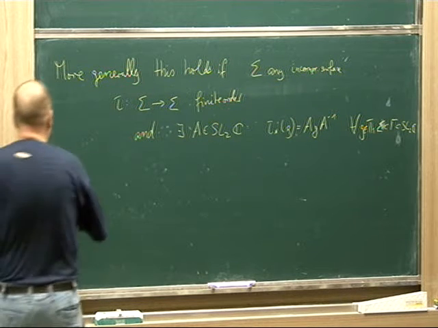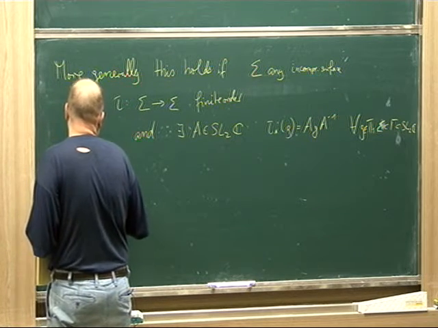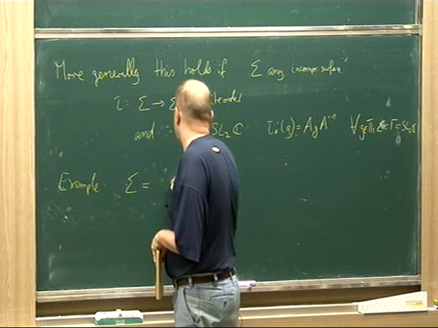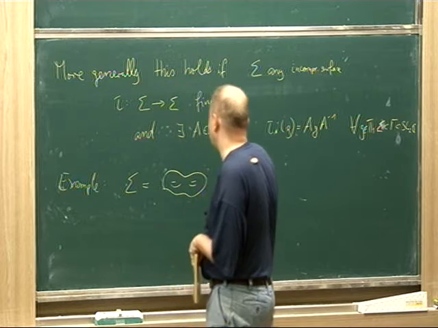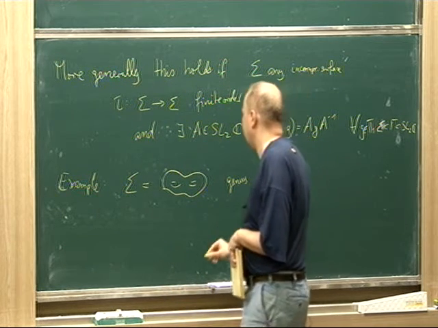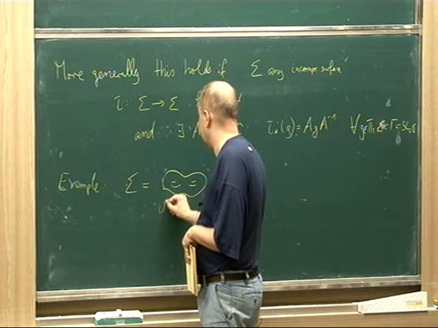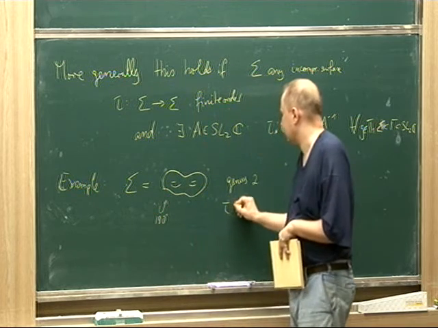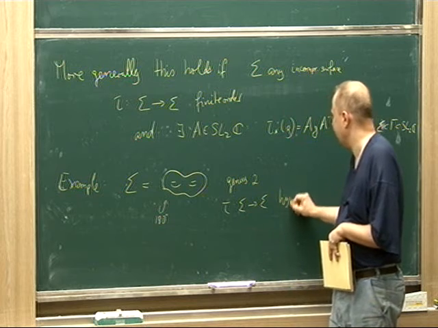For example, one case where this assumption is always satisfied is if sigma is a genus 2 surface, and again tau is what one calls the hyperelliptic involution.